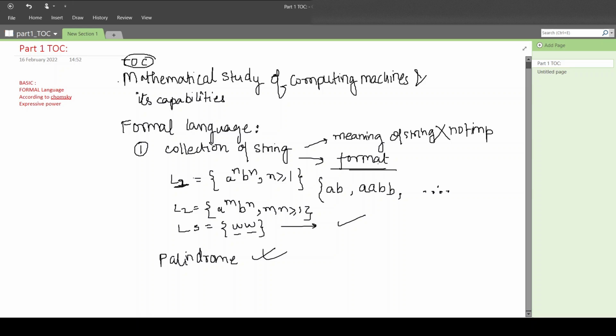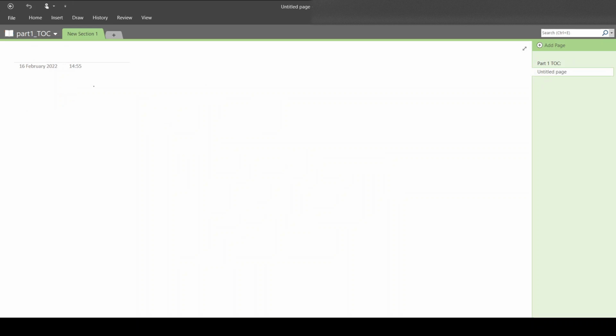Now if we come to Chomsky. What does Chomsky say? Chomsky says many things which are very important to us. This is what all of TOC is based on. First comes the regular language, which is of type 3 format.